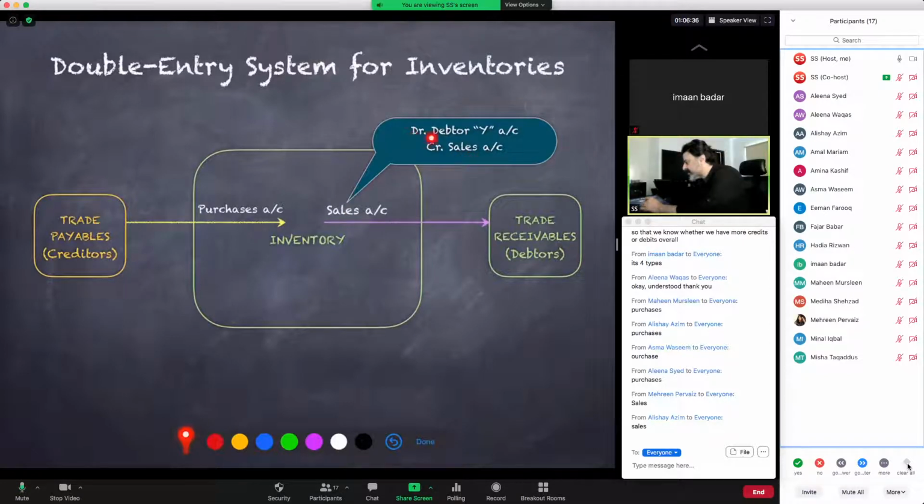And we are going to debit the debtor Y's account or the receivable Y's account because this guy owes us now. So anyone who owes us money becomes our asset, right? So that's why debit the debtor Y and credit the sales account. This is how we will record the sale of goods or sale of inventory. We understand? Give me a green check here, quickly.